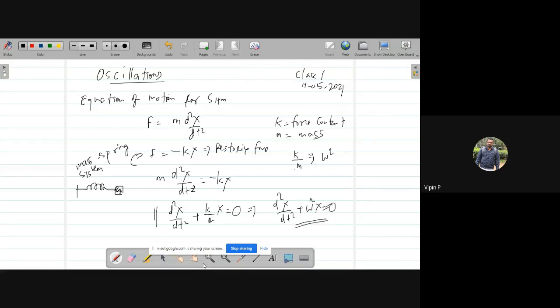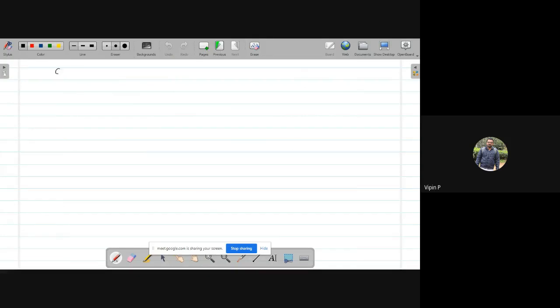That happens to be our second order differential equation, which describes an entire class of simple harmonic oscillations. Now, what are the solutions? It's a homogeneous second order differential equation.